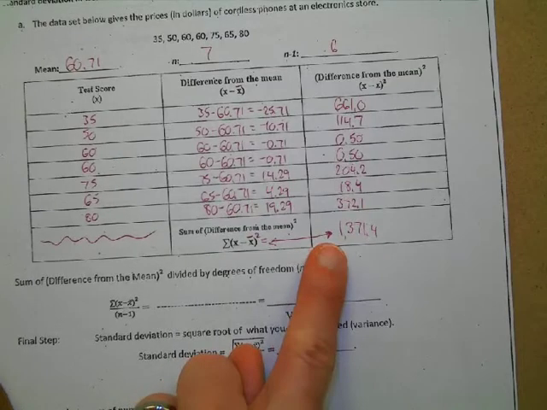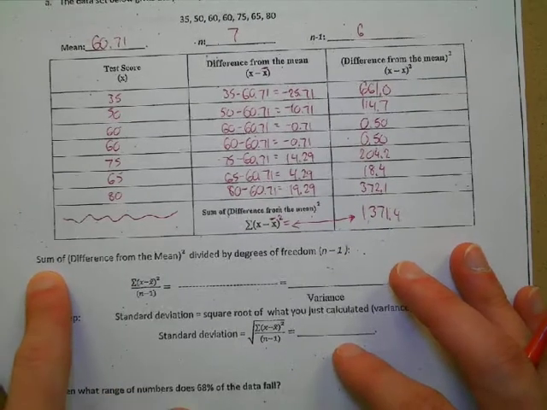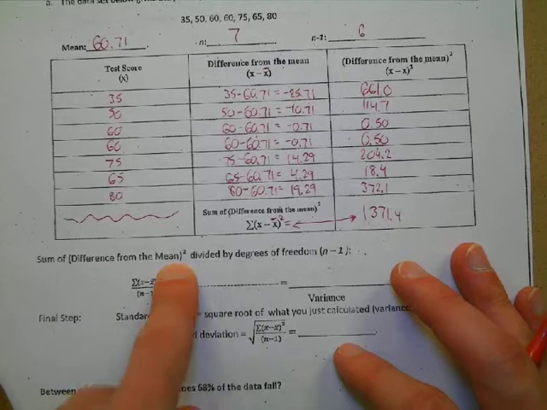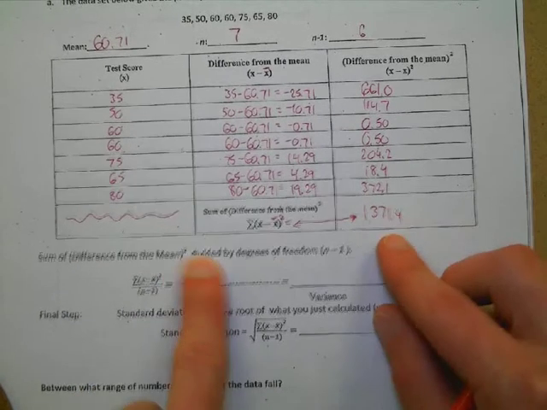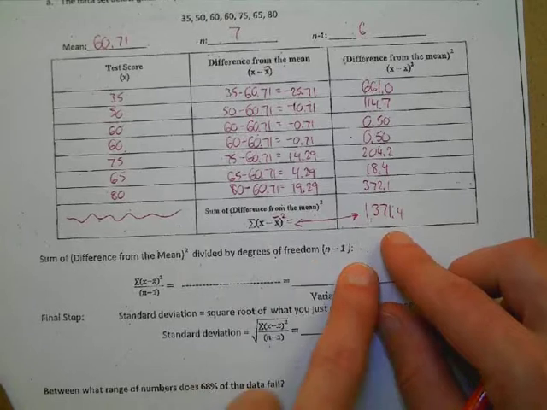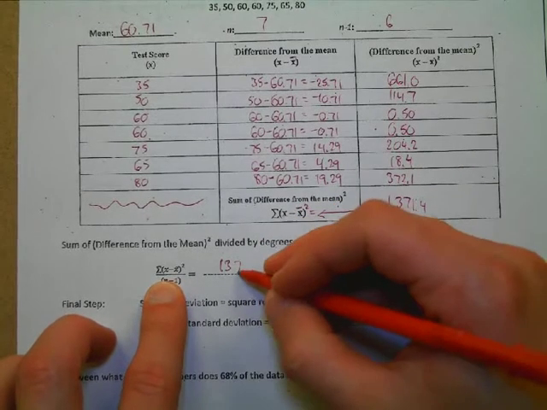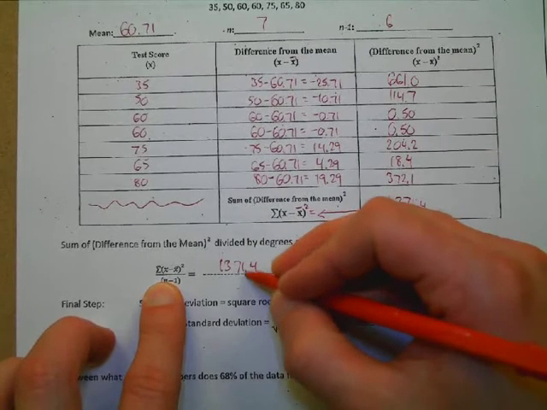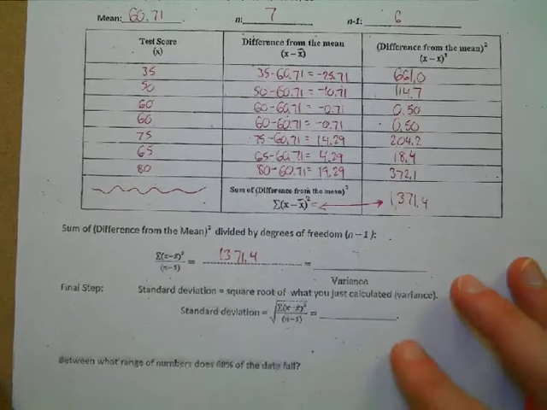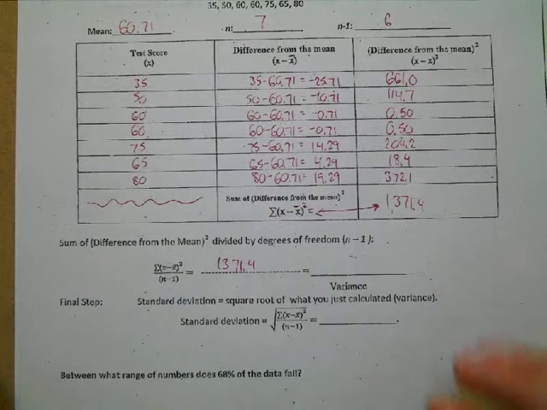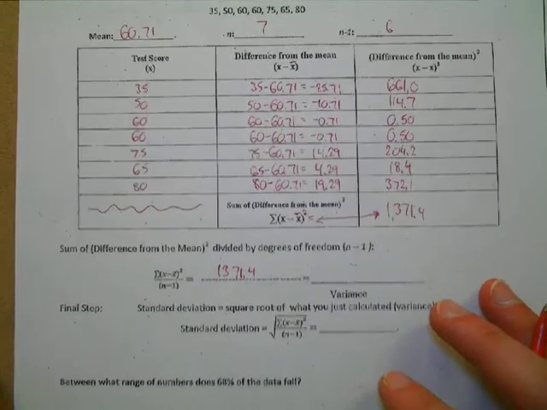Okay, now we're going to find the sum of the difference from the mean squared. We're going to take this number and divide it by the degrees of freedom, n minus 1. So the sum is 1,371.4 divided by n minus 1. What did Jackson say our n minus 1 was? 6.